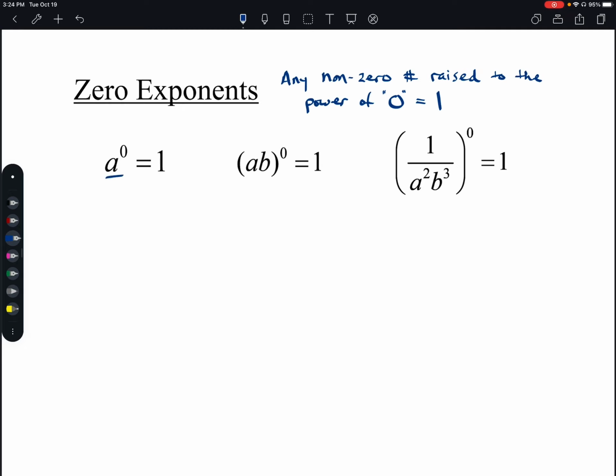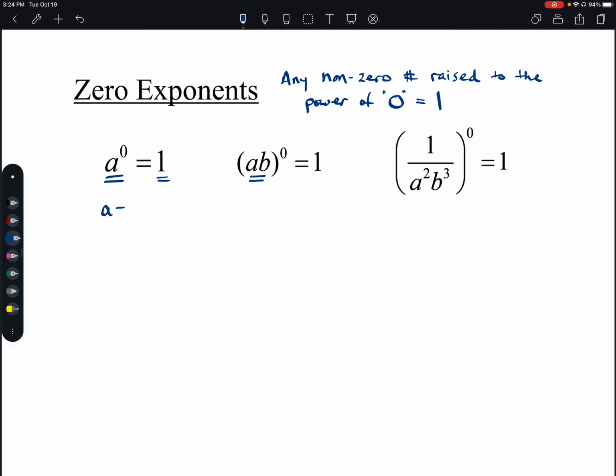So you see here, a to the power of 0 really equals 1, as long as a doesn't equal 0. It doesn't matter if there's a product in there, right? A times b, as long as neither a or b is equal to 0, right? This will end up equaling 1.